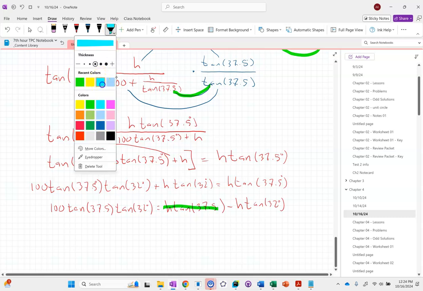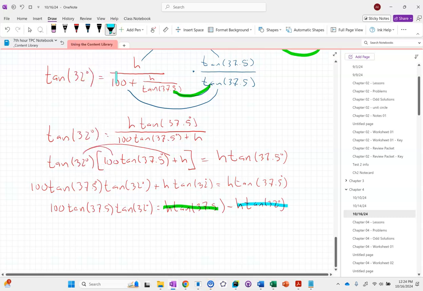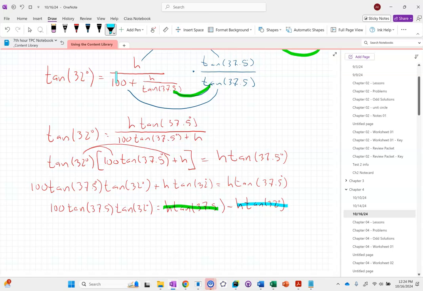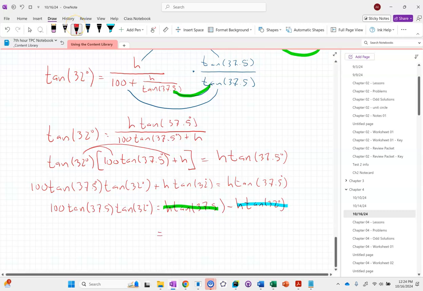So if I look at that guy and I look at that guy, what do you notice that's a common factor between the two terms? Tan's not a factor, that's an operation, but h is in common. Everybody agree? Tangent's not a number, you can't factor that out, but h is like a number, so I can factor that out.